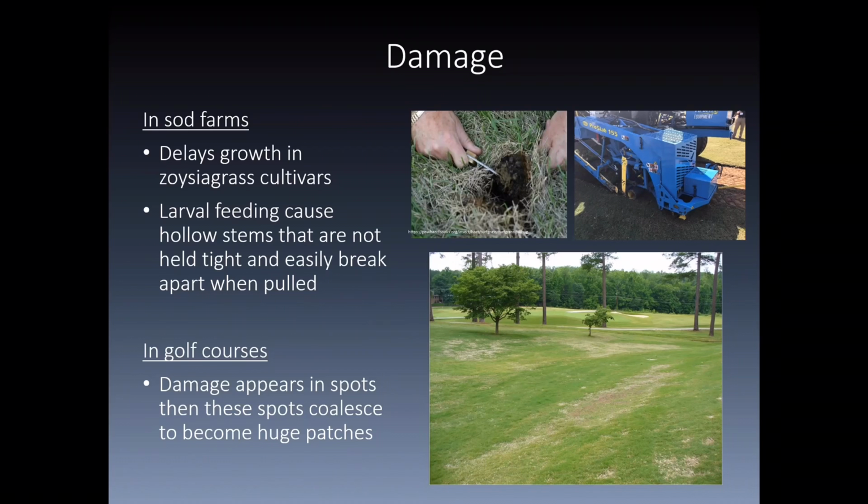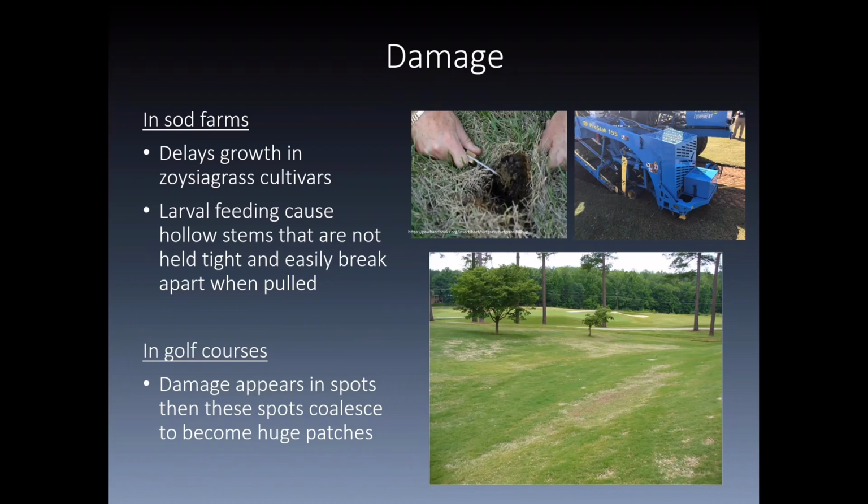But one way that I advise people who are facing this problem and are not sure is just to pull it. Try to pull the grass, and if the grass comes out easily, because the grass is hollowed out, then you have a billbug problem and we are seeing grass dying.